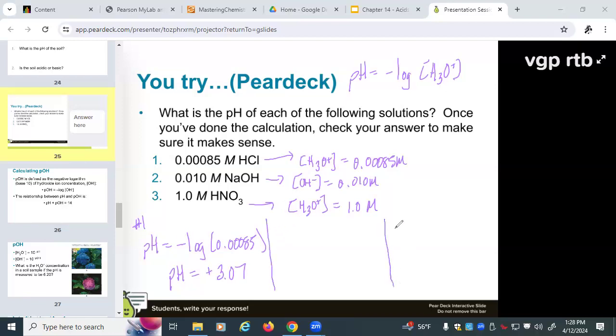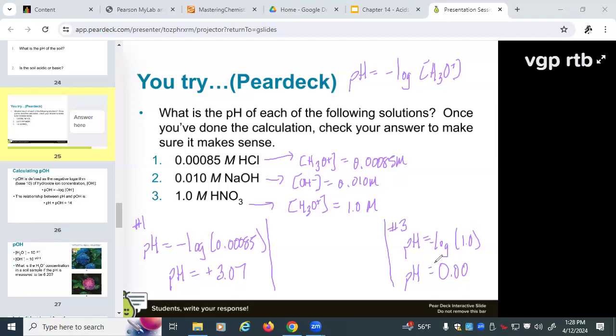And same thing for number 3. I just need to take the opposite of the logarithm of 1.0. What you find is that the logarithm of 1.0 is 0. So the pH of that particular nitric acid solution would be 0.00.